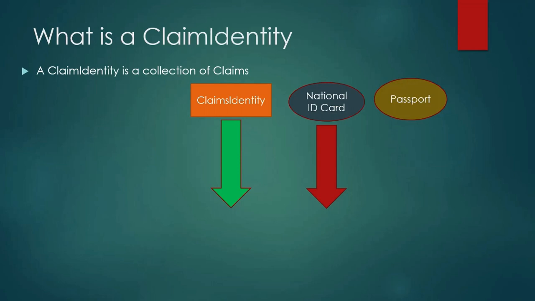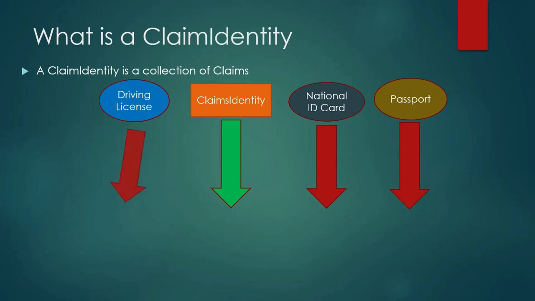So our passport is a claims identity. Another thing could be the driving license. Your driving license could have first name, last name, date of birth. This information is actually claims, and a collection of this information is handled by the driving license. So the driving license is a claims identity.